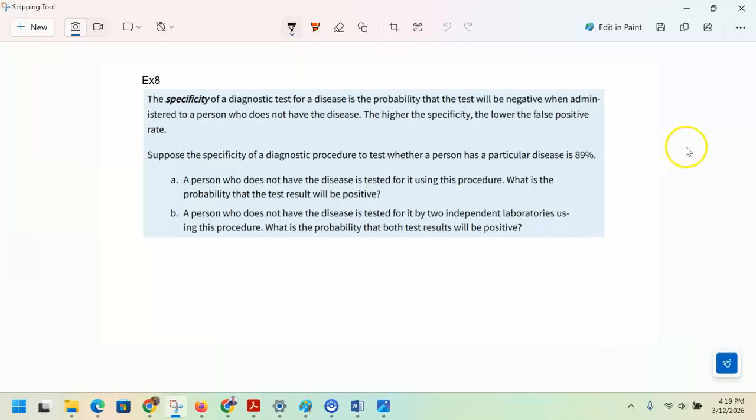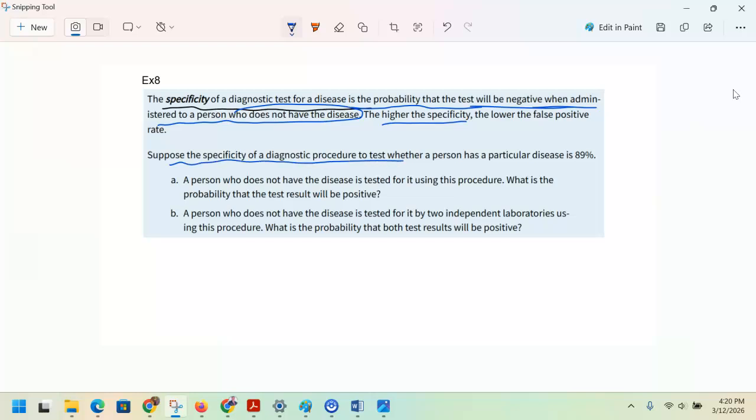So what does this basically mean? The specificity of a diagnostic test is the probability that a test will be negative when administered to a person who does not have the disease. The higher the specificity, the lower the false positive rate. Suppose the specificity of the diagnostic is given as very high, say 89%, which is 0.89.